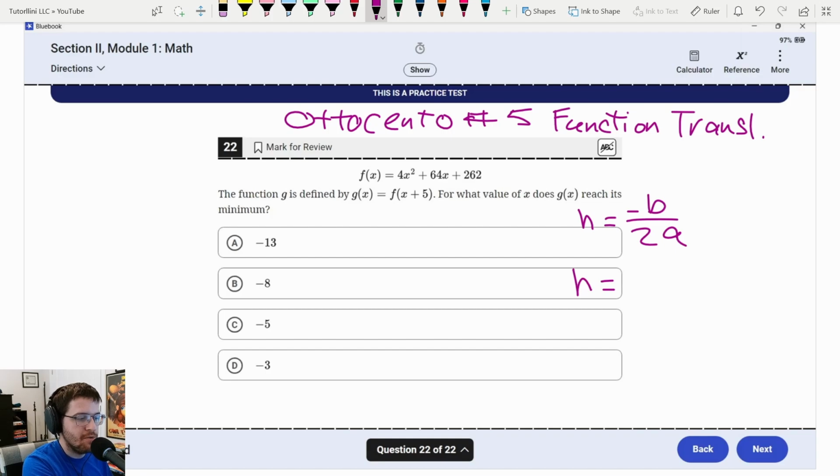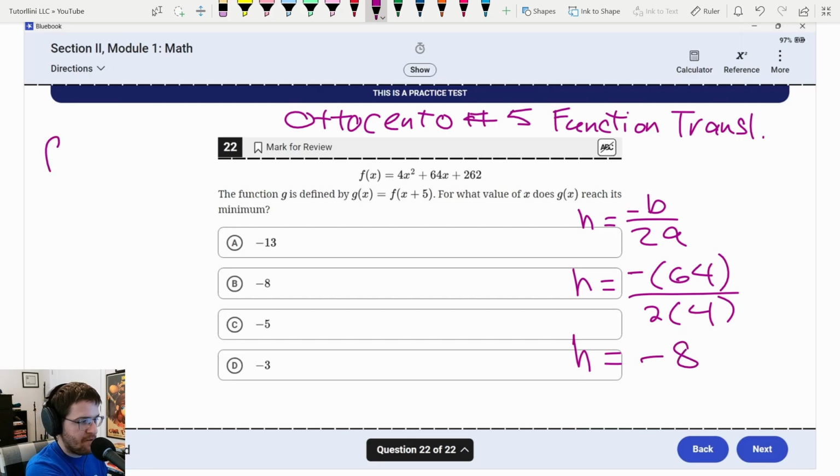H is equal to negative 64 over 2 times 4, because a is 4. So we get negative 64 over 8. So h for function f, the x-coordinate of the vertex of f, is -8. So the vertex for f of x is -8, comma, question mark. It doesn't matter, right?